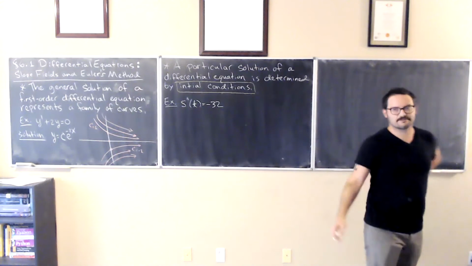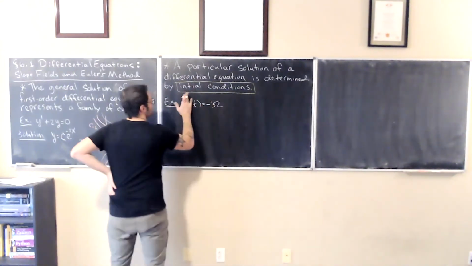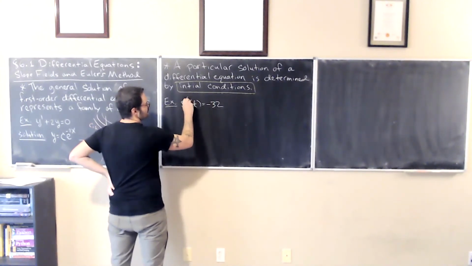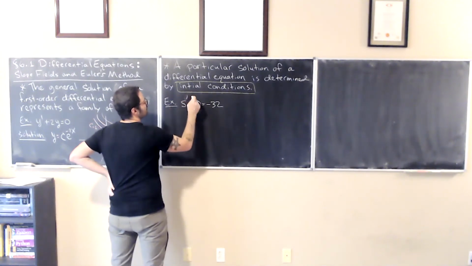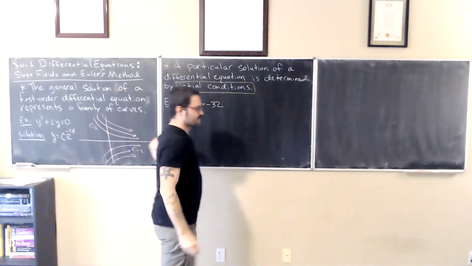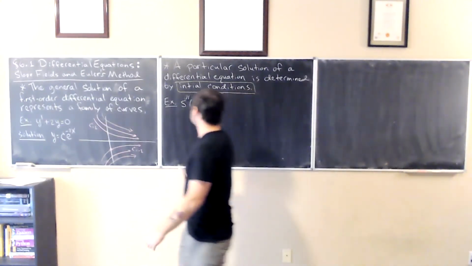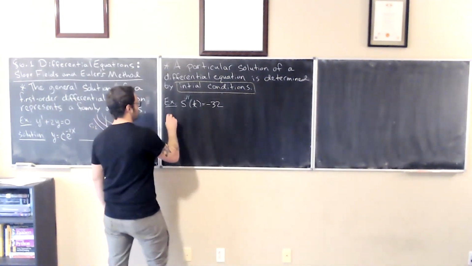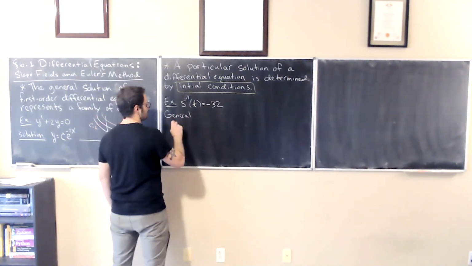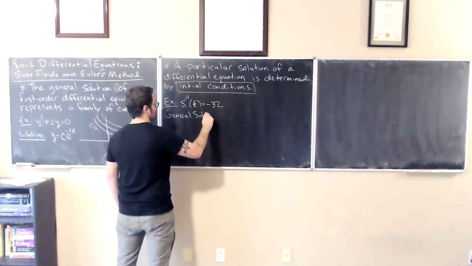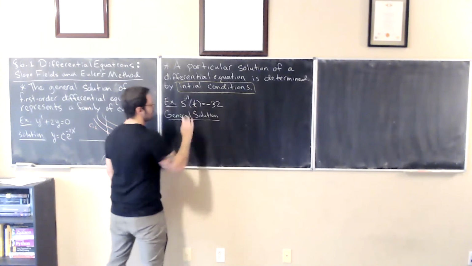I hate that your textbook uses feet and not meters, but suppose we're measuring acceleration as negative 32 feet per second squared. And so a general solution to this differential equation, this is a second order differential equation.